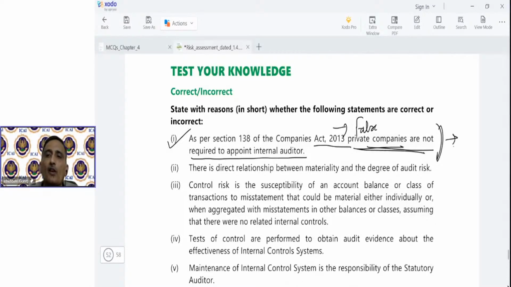It is false. Now, there is a direct relationship between materiality and degree of audit risk. Tell me. We had done this type of question last time on Saturday. Yes, Kanchan Kumari, you are also writing false.